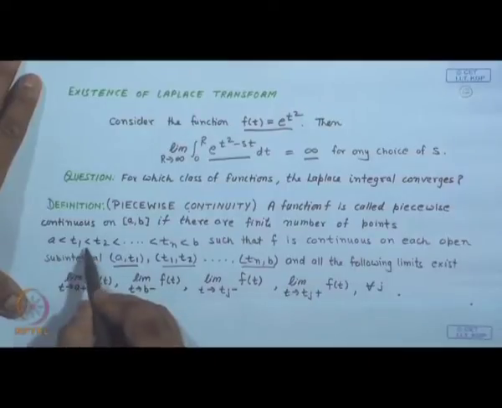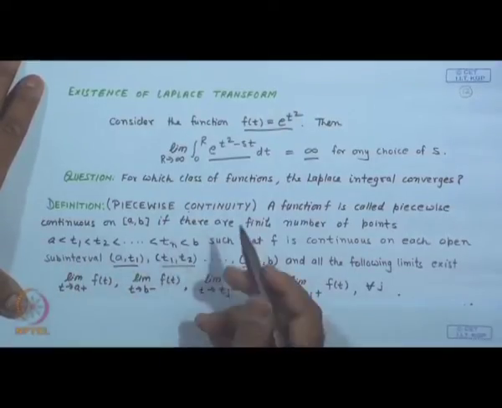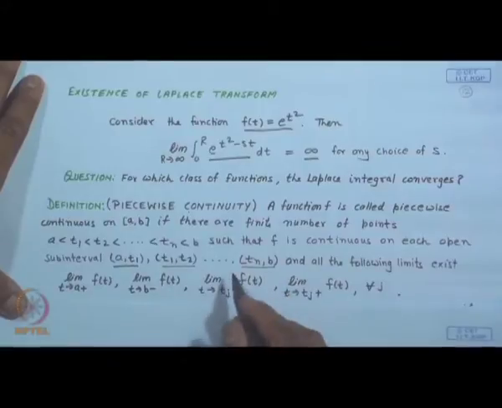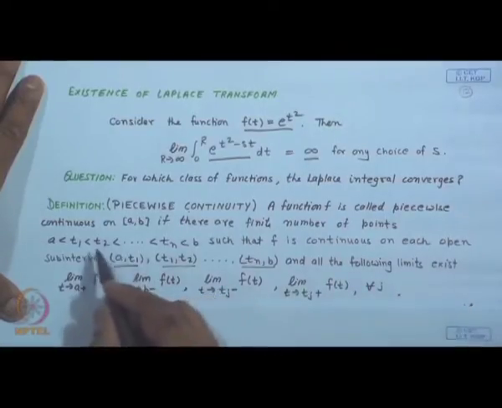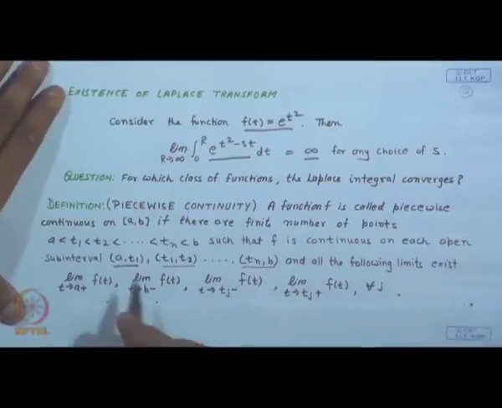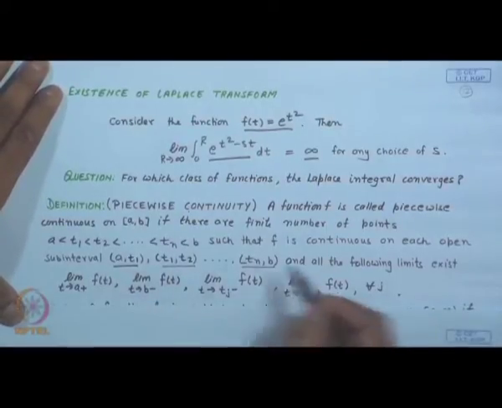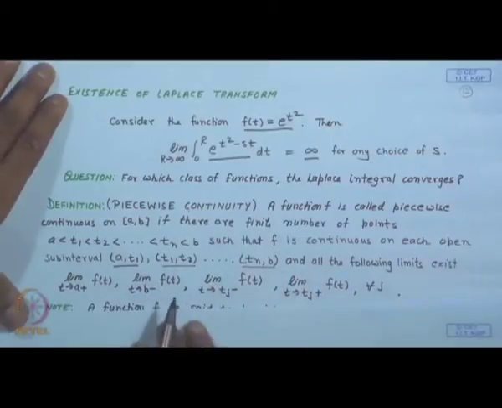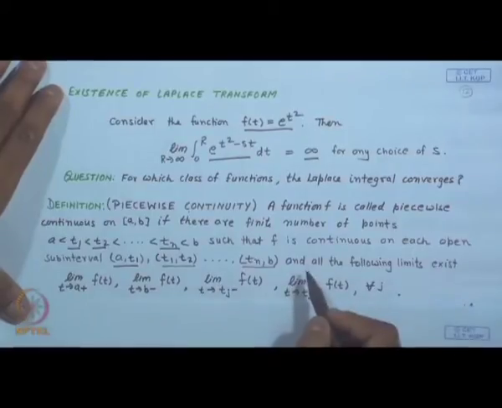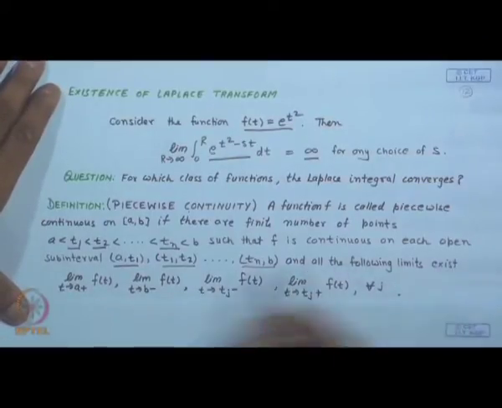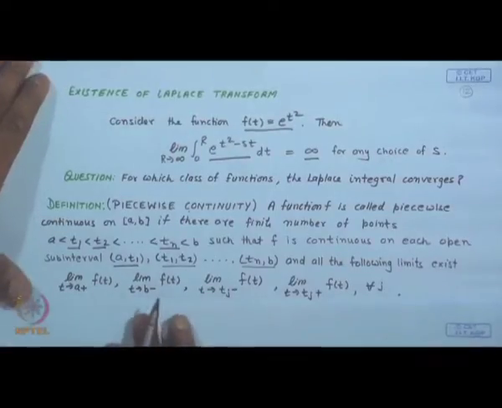And at all these points t1, t2, tn where the function is not continuous, both the left and right limits should exist for all j's, so j equals 1, 2, 3, up to n. So this is a piecewise continuous function. The function is basically continuous other than these points t1, t2, tn, and if the following limits exist, then the function is said to be piecewise continuous.